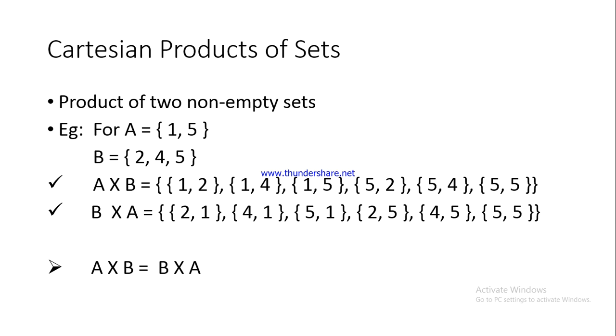Likewise 1 4 in the first product A into B is equivalent to 4 1 in the second product B into A. So likewise, if you do the calculation, you will find out that both the sets are equal, and this gives us a general rule that the Cartesian product of two sets is equal no matter which set comes first or which set comes second. The product would always be the same, that is A into B will always be equal to B into A.